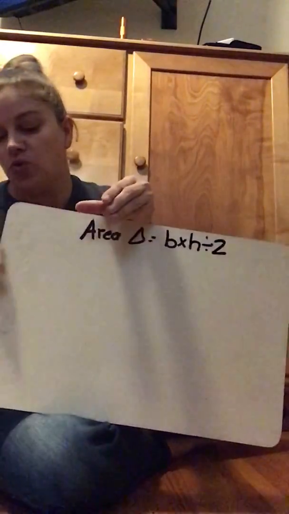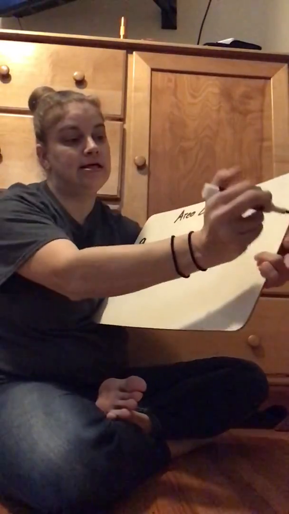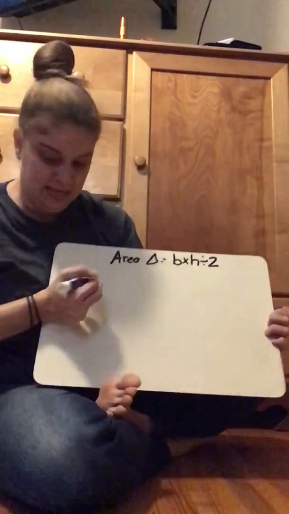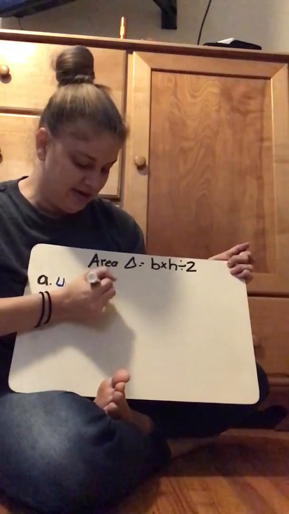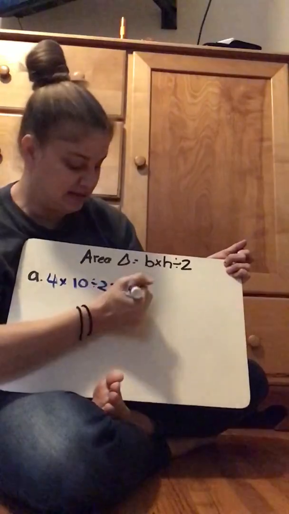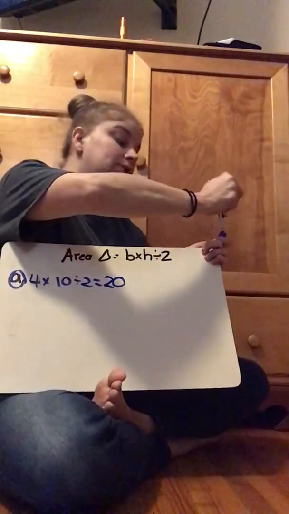So the very first one, A, looking at A, your base is 4 times your height, which is 10. And if I divided that by 2, 4 times 10 is 40, divided by 2 is 20. So A would work.